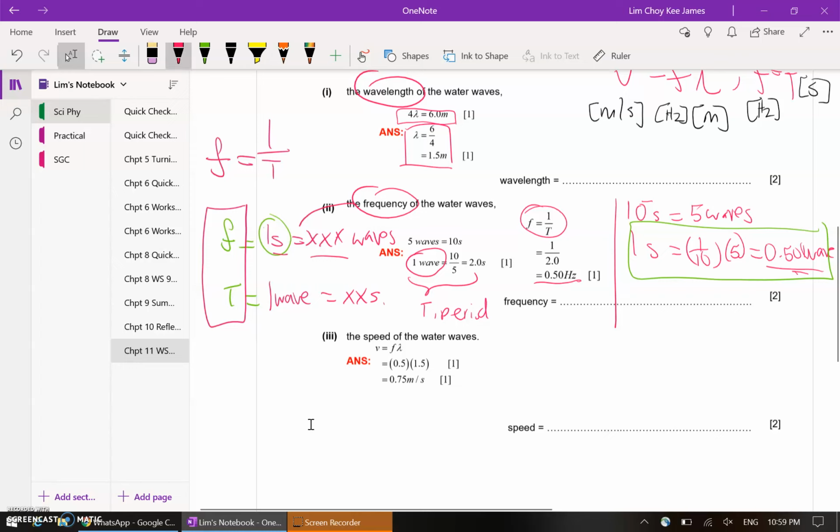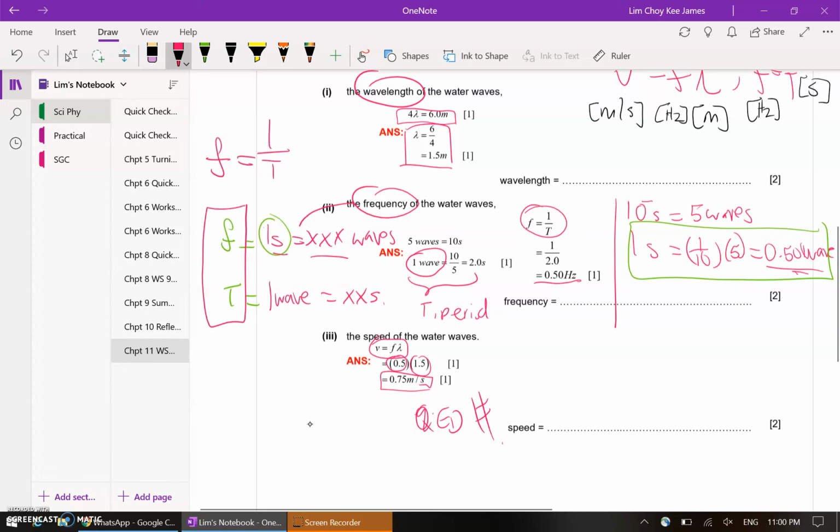Now the last part that we have is the speed. The formula that we look at is V equals F lambda. Since you have the frequency and the lambda from part 1 and part 2, you just put your data inside the formula and you get the answer straight away. This will be what I call QED, quite easily done.